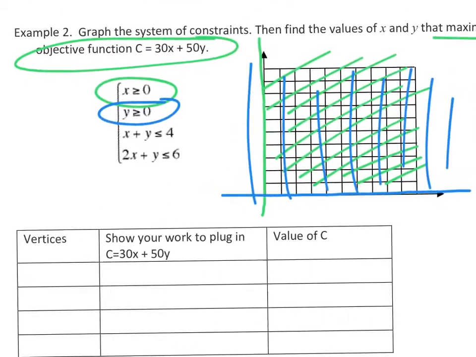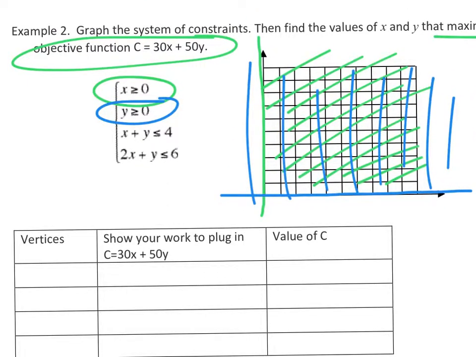And then when I'm graphing x plus y is less than or equal to 4, I'm going to graph by intercepts. So I'm going to find the x-intercept, which is 4. And then the y-intercept, set x equal to 0, which is 4, too.